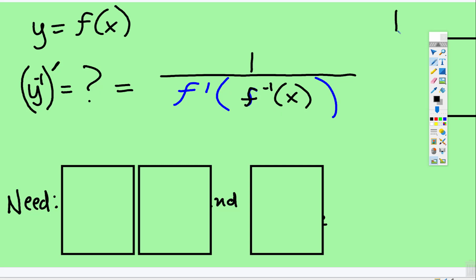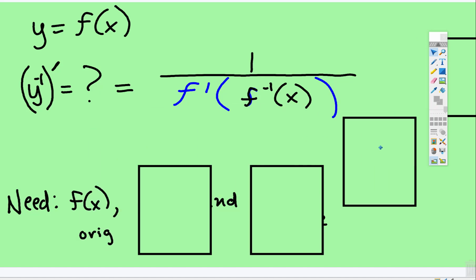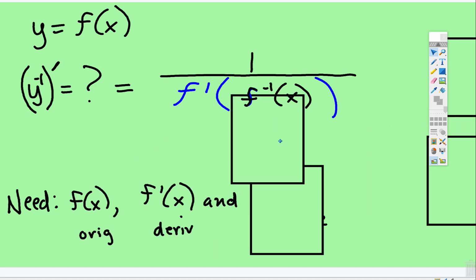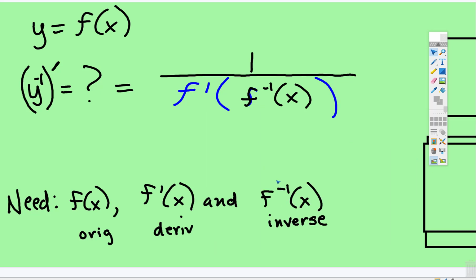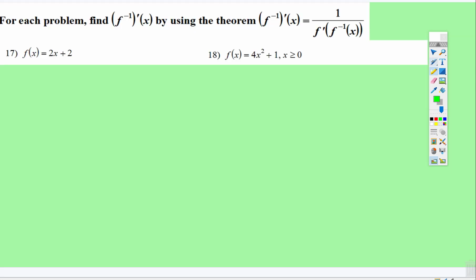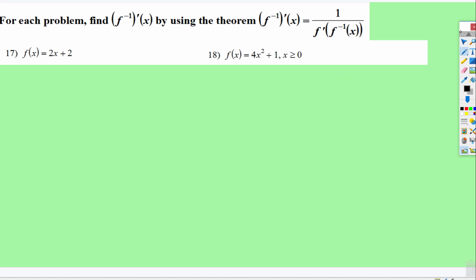So the inverse is 1 over, and you take the derivative of that inverse. This is the information that we need: the original function, the derivative of that original, and the inverse of that original. So let's go ahead and do a couple of easy ones, and then we'll do another video with a couple more difficult ones.